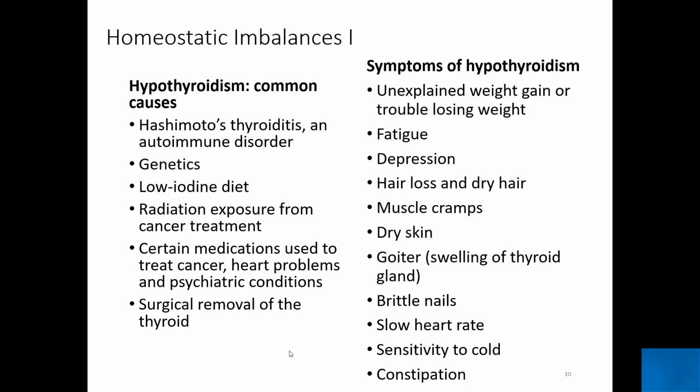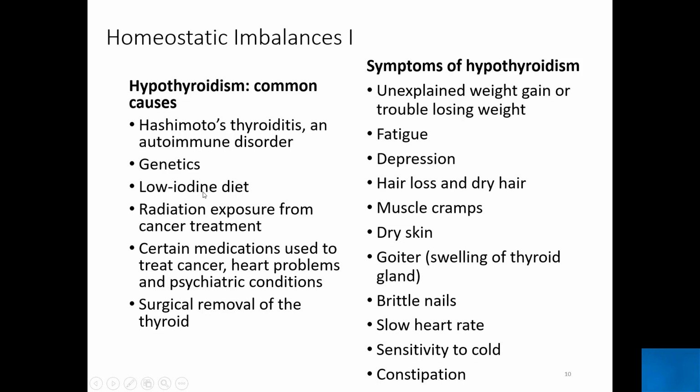Okay. What happens with the body when the level of thyroid hormones either is too high or too low? It's called hypothyroidism when the level of thyroid hormone is too low. It can be caused by Hashimoto's thyroiditis. It's an autoimmune disorder. It can be genetic condition.